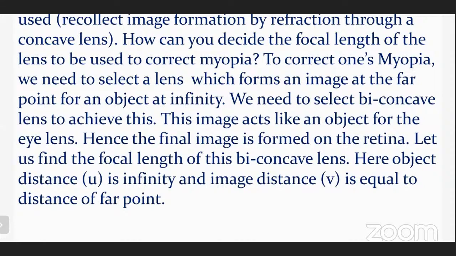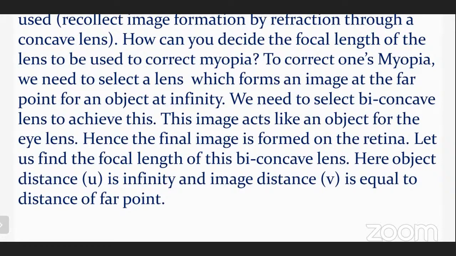To correct one's myopia, we need to select a lens which forms an image at the far point for an object at infinity. That means choosing a lens that forms the image at a long distance. We know that a concave lens forms the image at a long distance.